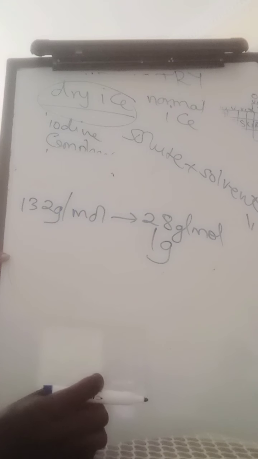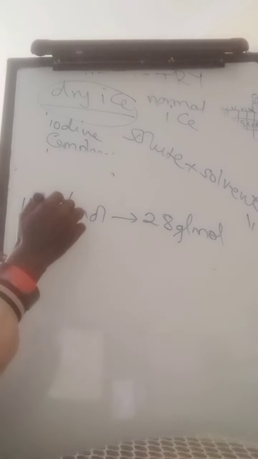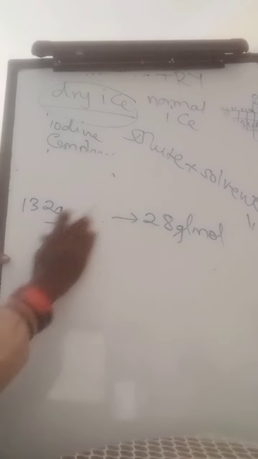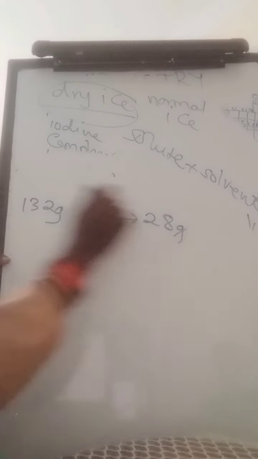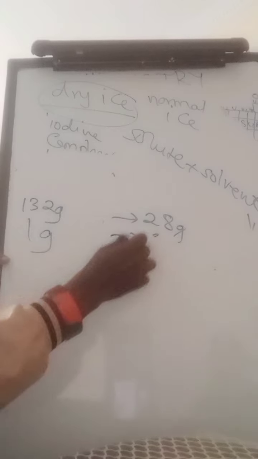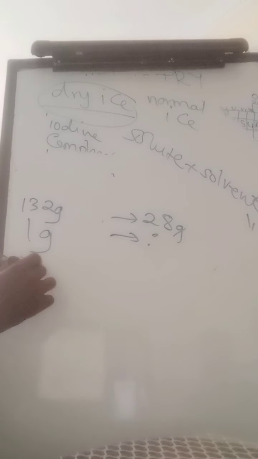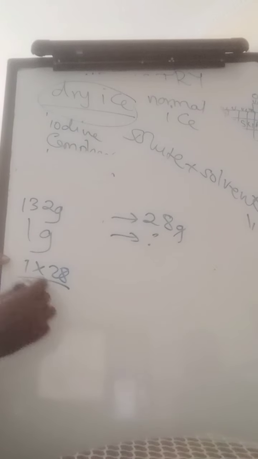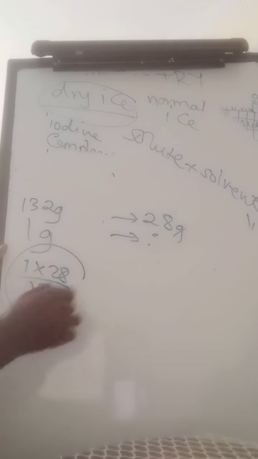Or you can say if 132 grams contains 28 grams, what about 1 gram? So it will be 1 times 28 divided by 132. This is the mass of 1 gram.